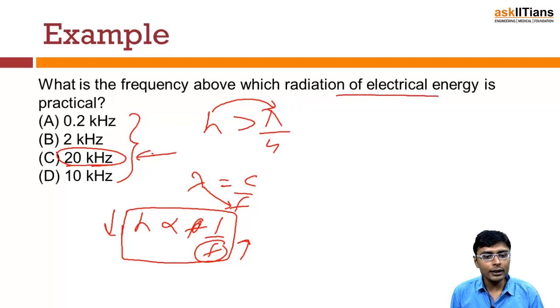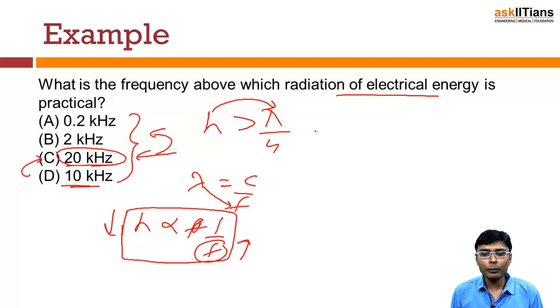If we decrease the frequency below this, then it will not be practical. Let's suppose we choose answer D. Option C also has a frequency which is greater than 10 kilohertz, right? So the highest frequency will always be a subset of our answer.